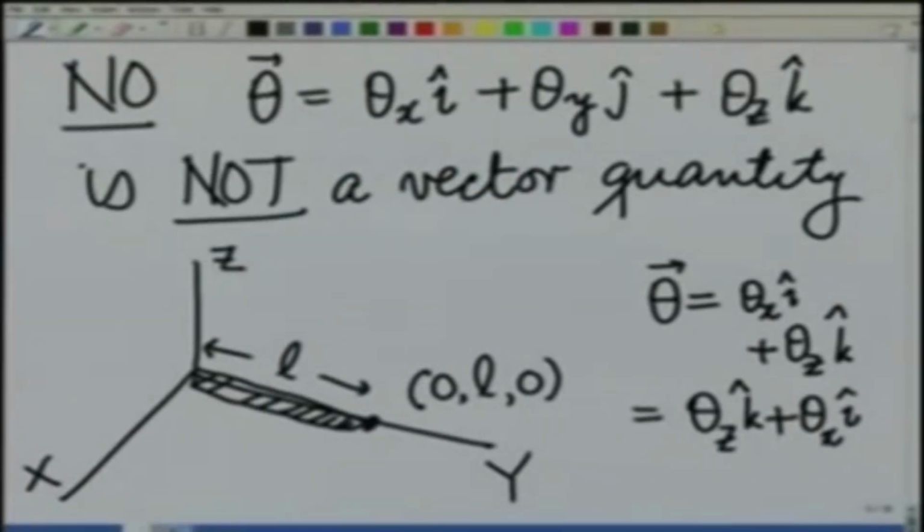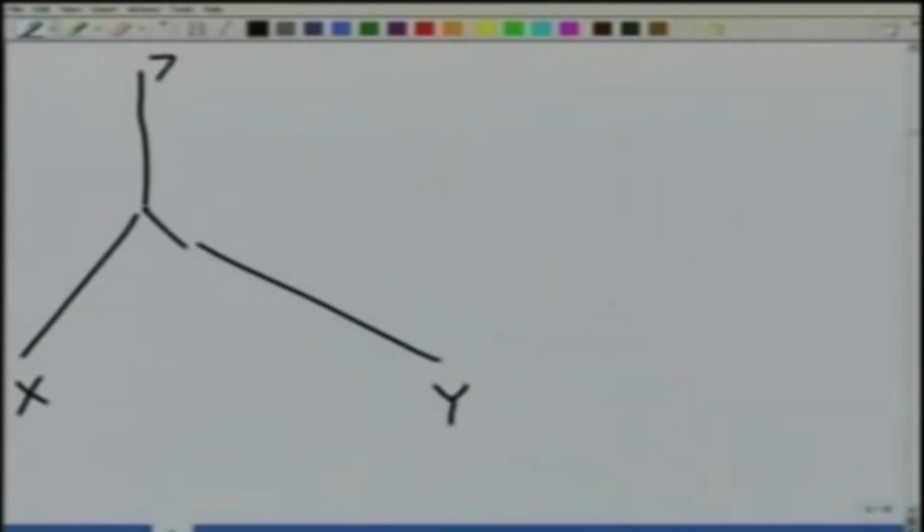Let me show it again. So, what I did was took the x axis, y axis and z axis, took the rod along the y axis, so that its coordinate was 0, L and 0.